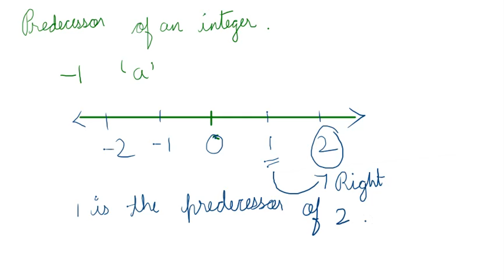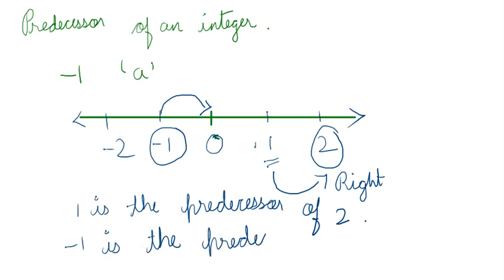So I'll repeat, on the number line, each integer is the predecessor of the integer just on its right. Similarly, I'm considering -1. Which is there on the right? 0. So -1 is the predecessor of 0. Okay, got it?